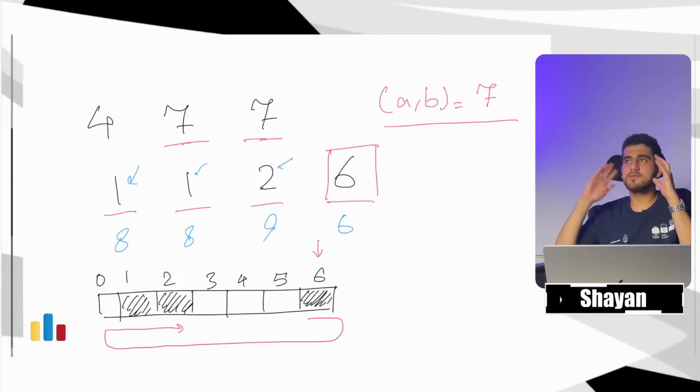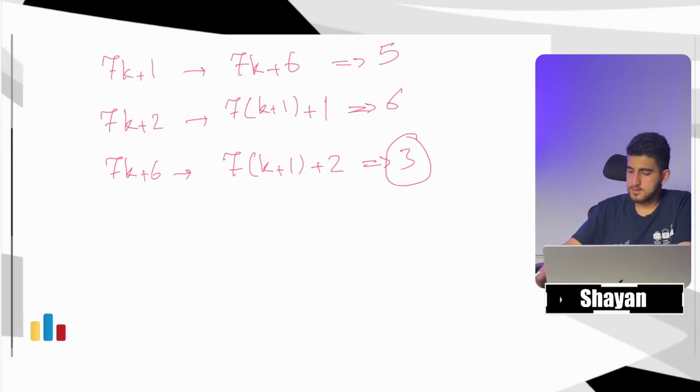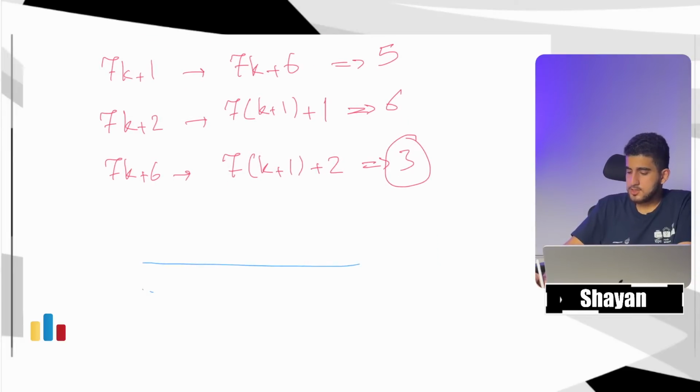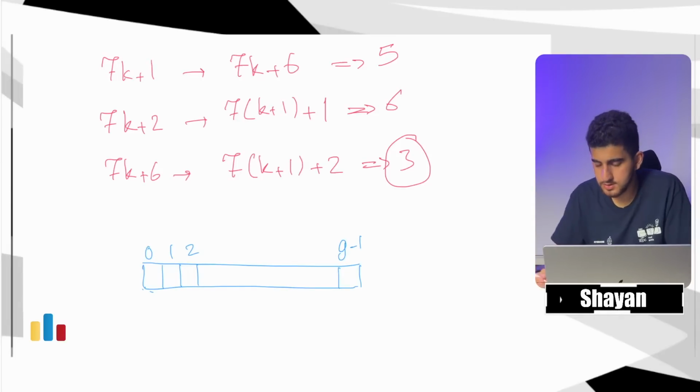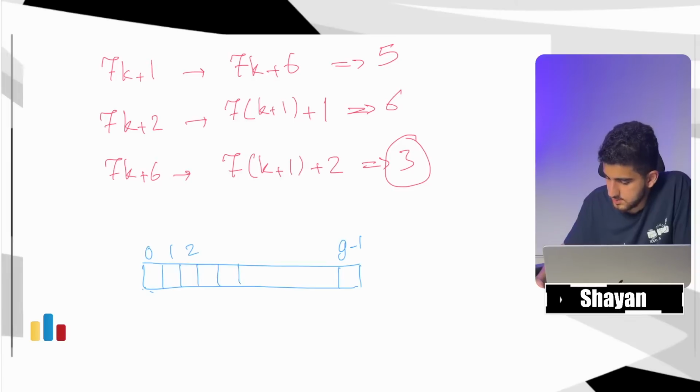So the point is that when you find G, your numbers modulo G are going to have some values. For example, it is either 0 or 1 or 2 or 3 up to G minus 1. These are your numbers modulo G. You have some possible values for your number modulo G, and some of them are chosen.